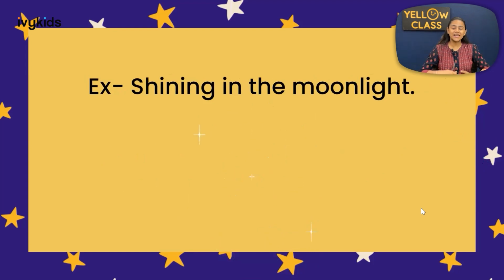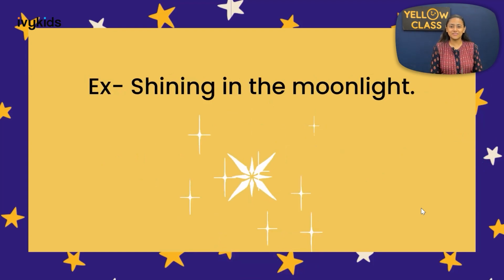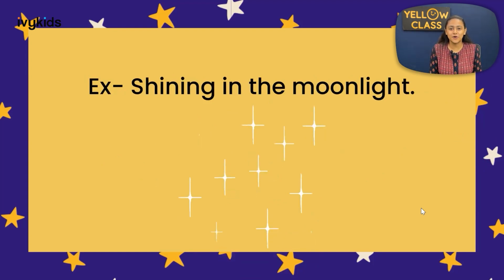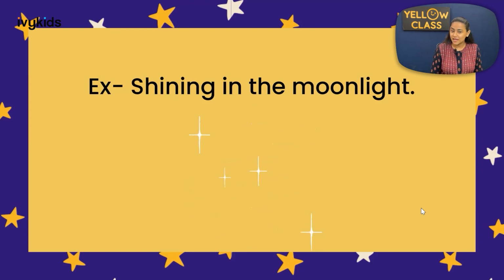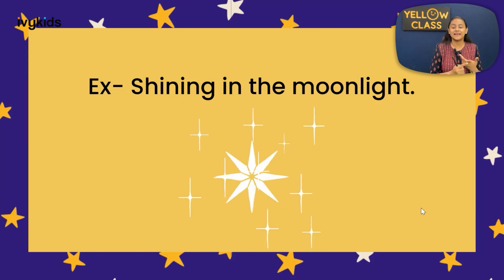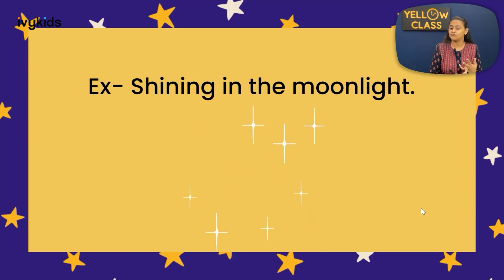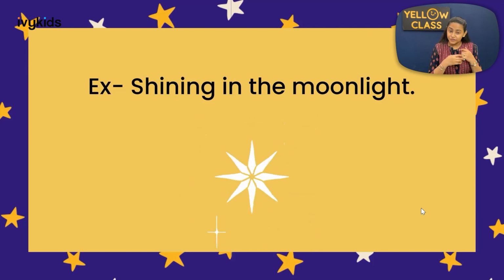Shining in the moonlight. What is the naming part in this sentence? Come on, make a guess everybody. Are we talking about any person, place, animal or thing? We have mentioned moonlight, but it's not a person, place or thing.